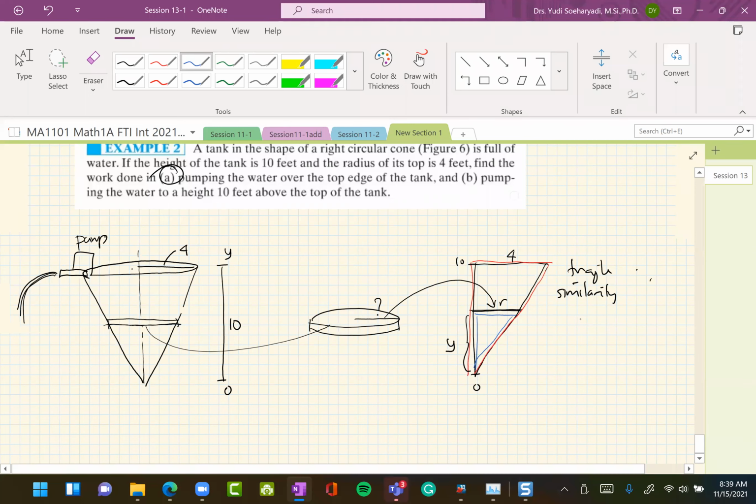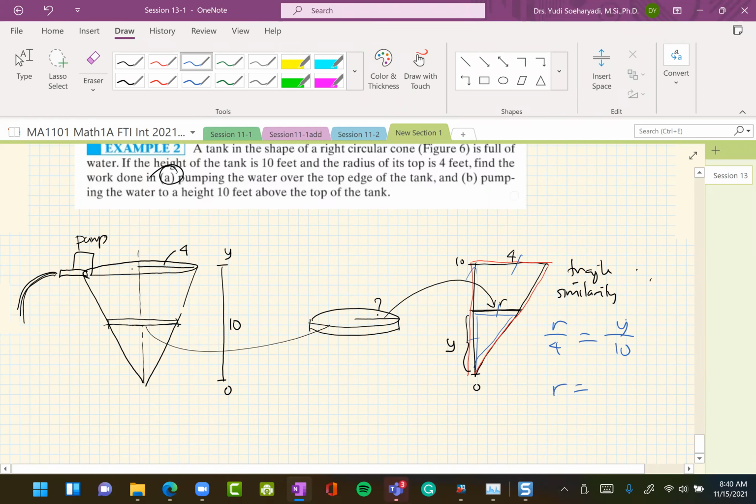For example, the small one divided by this, so R over 4 is the same as y over 10. This corresponds to the whole thing.